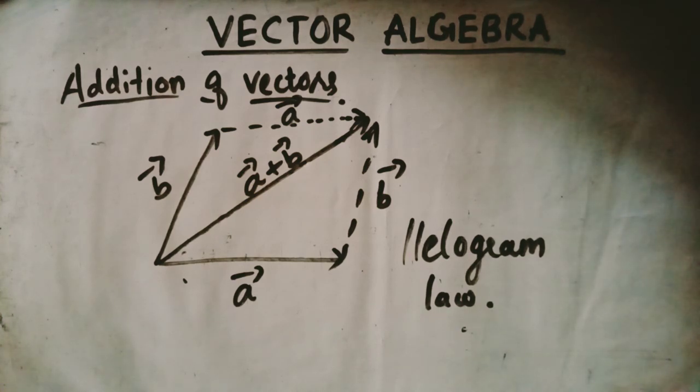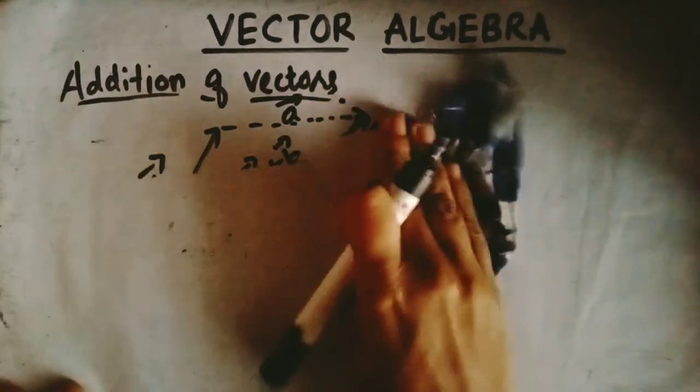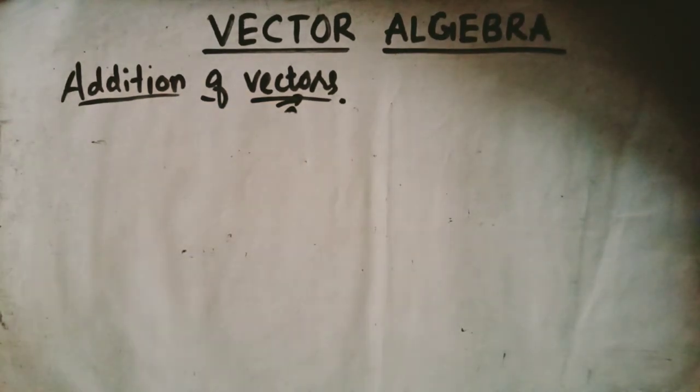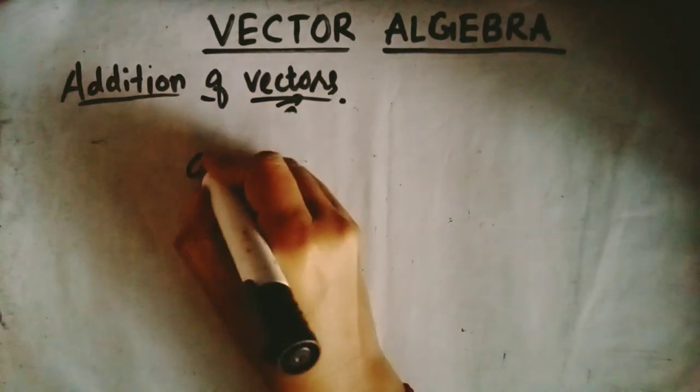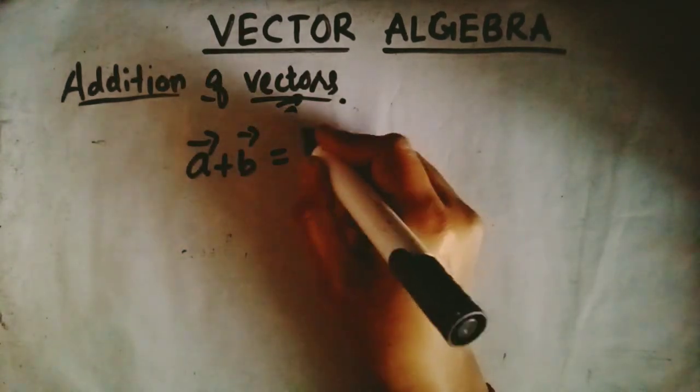Let's see properties of vector addition. So first property is, for any two vectors a and b, a plus b is same as b plus a.